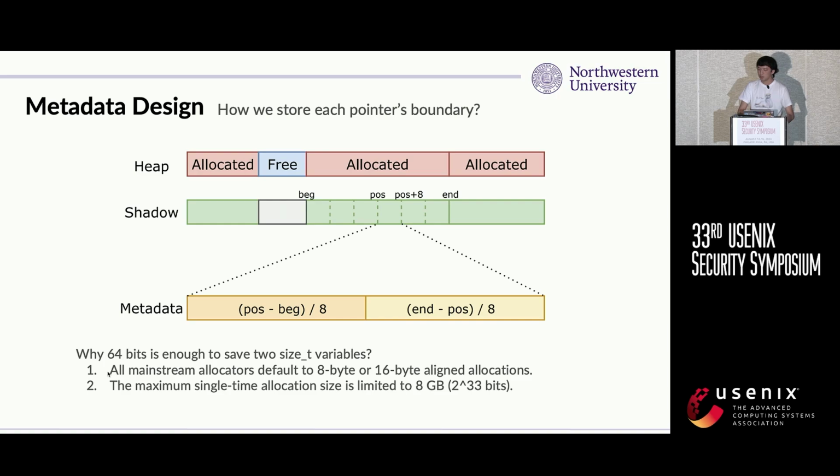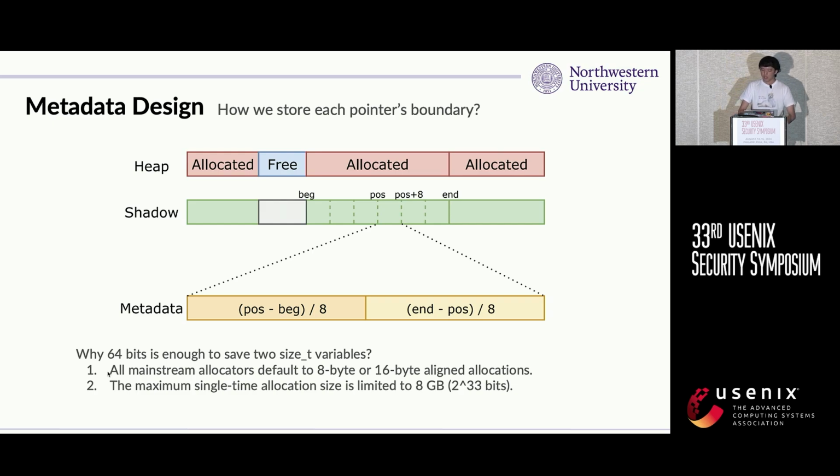For each 8 bytes of metadata, the front 4 bytes are dedicated to storing 1/8 of the length from the aligned 8 bytes to the beginning of the object. Conversely, the back 4 bytes are used to record 1/8 of the length from the aligned 8 bytes to the end of the heap object.